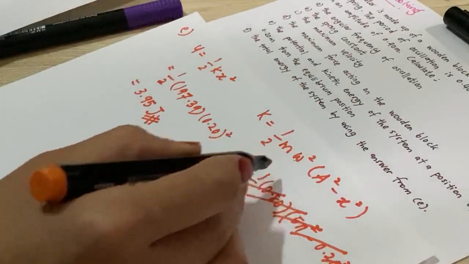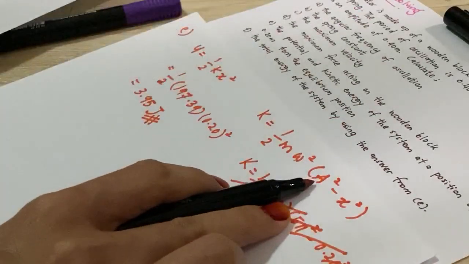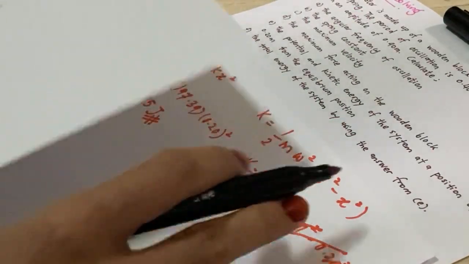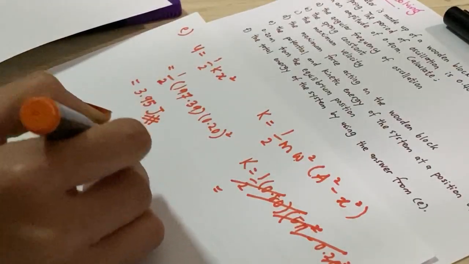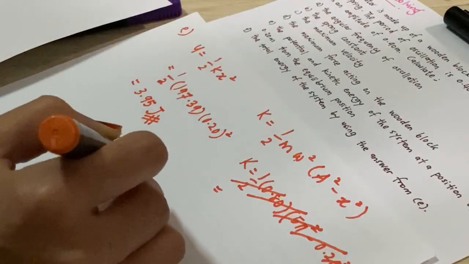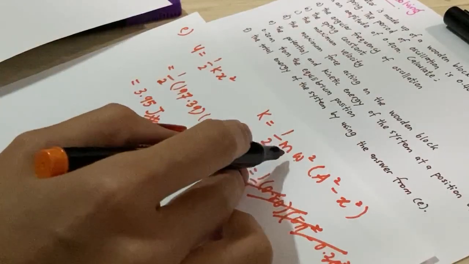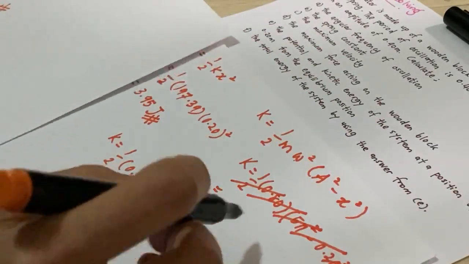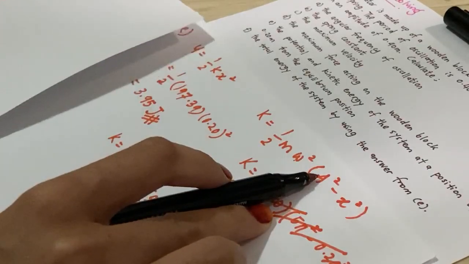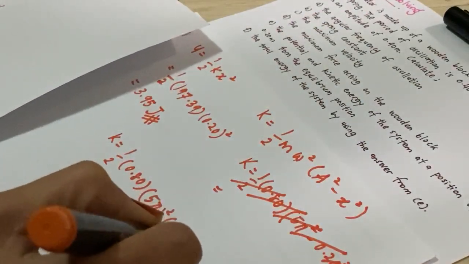So omega is 5 pi, and A is the amplitude, which is 0.40.